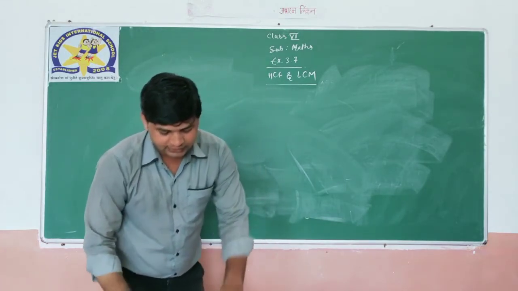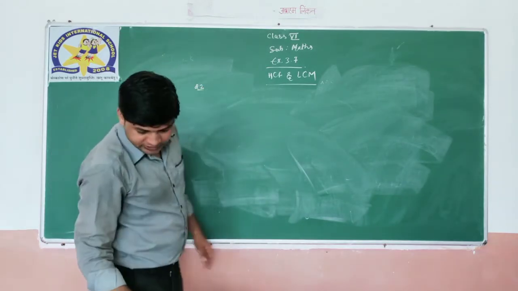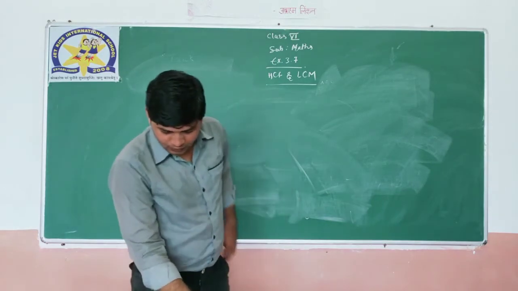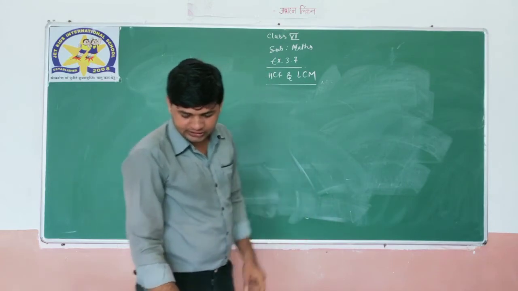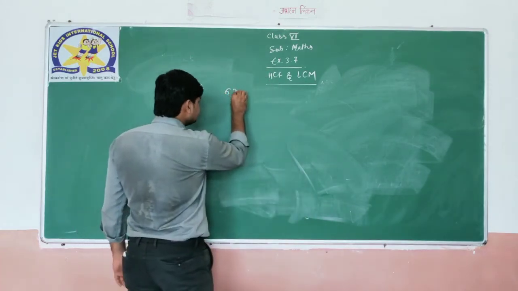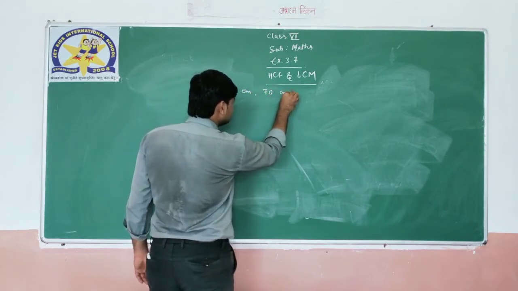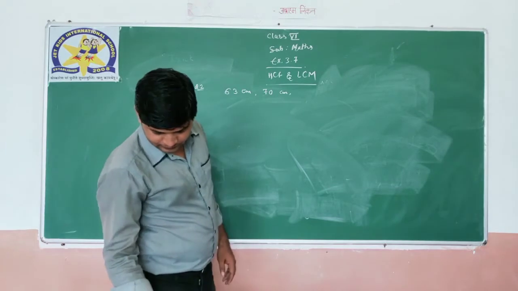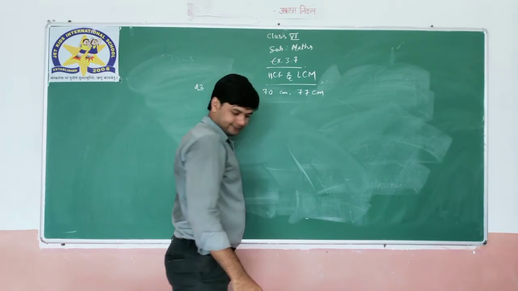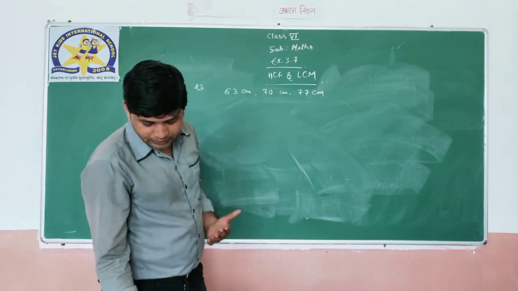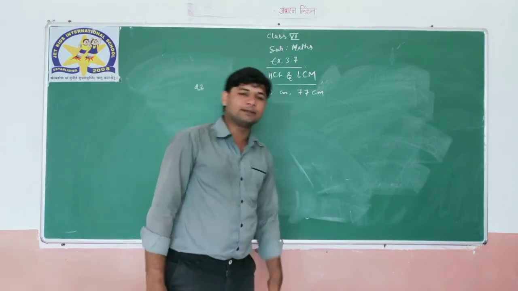Okay, next question: 3 boys step off together from the same spot. The step measures are 63 centimeters, 70 centimeters and 77 centimeters respectively. What is the minimum distance each should cover so that all can cover the distance in complete steps?